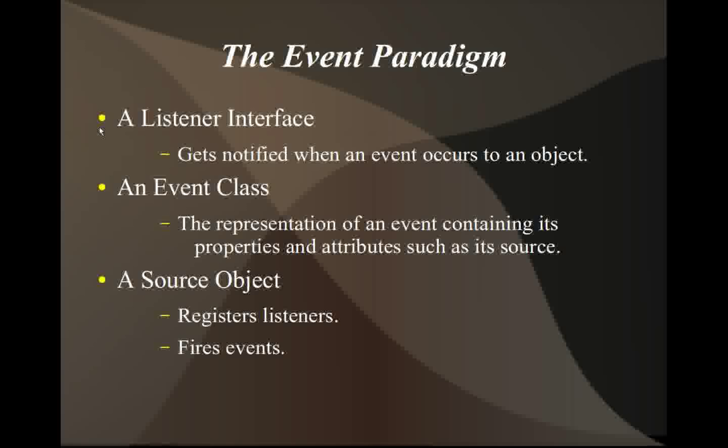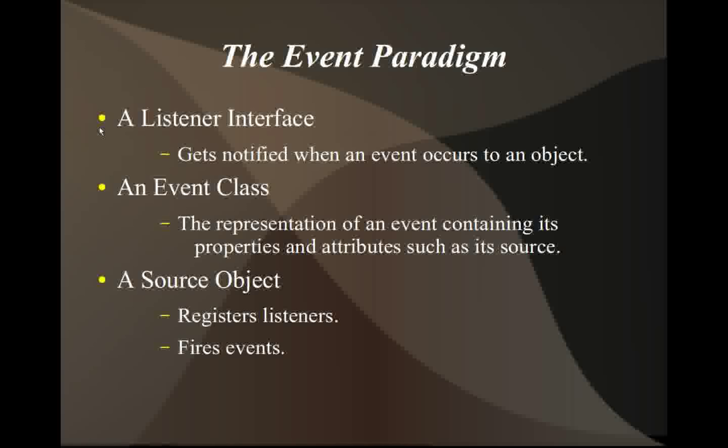The second thing we need is an event class. Now, technically it's optional, but we usually put it in because it's convenient for us to keep a reference to the event's source. You will see this later on in the example I have today for you.